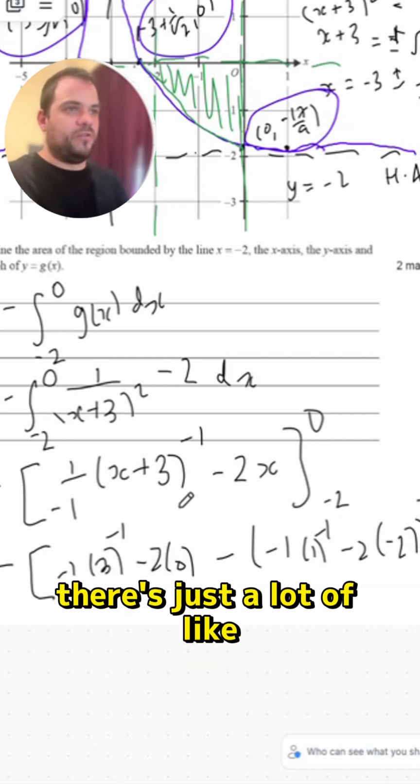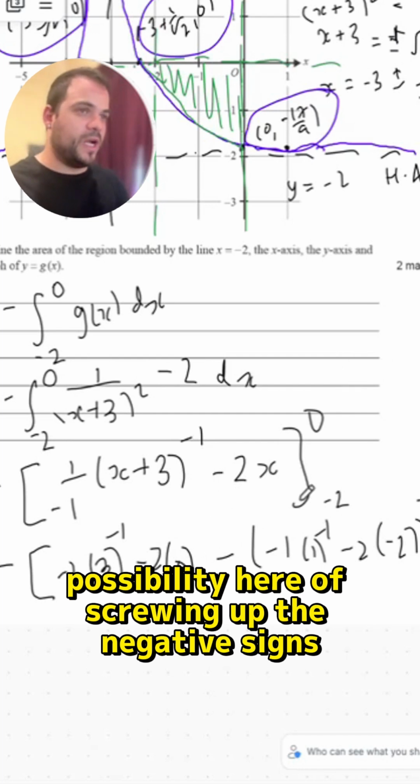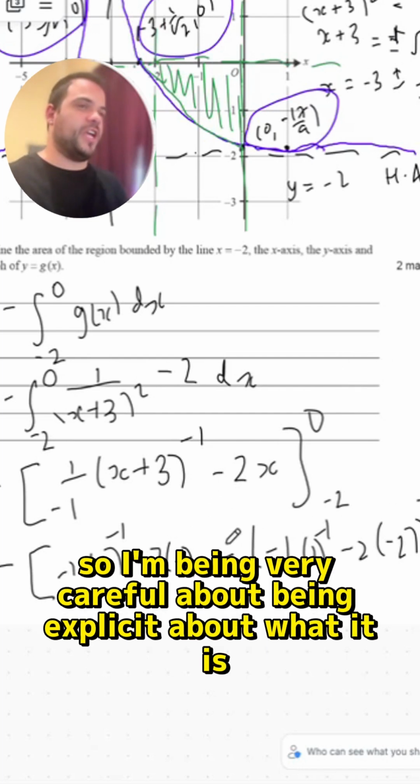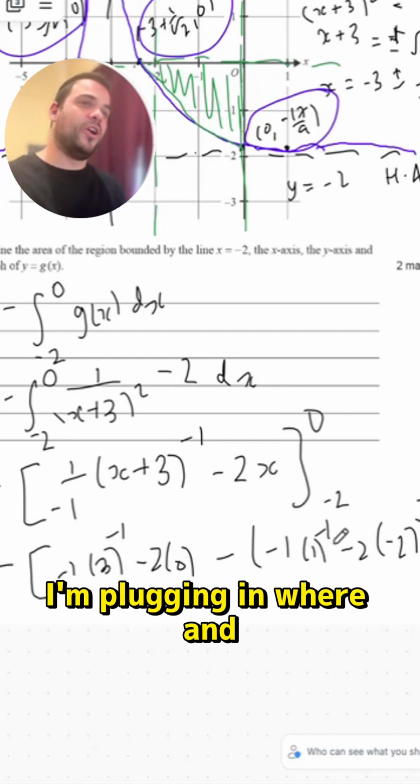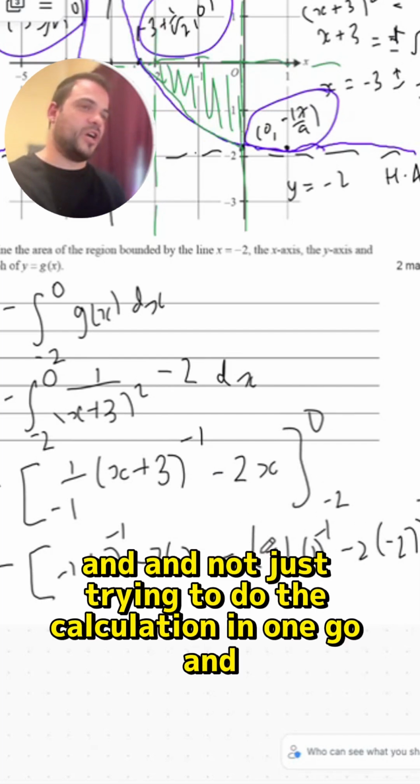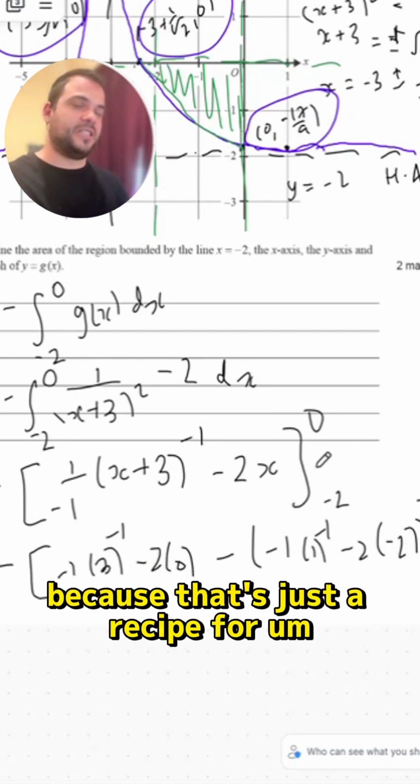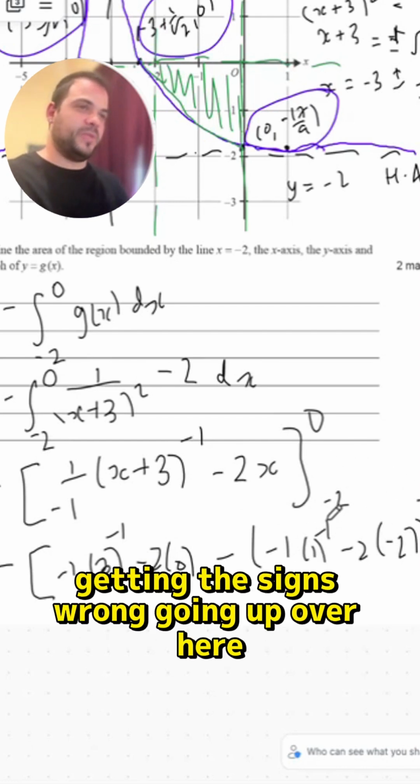There's just a lot of possibility here of screwing up the negative signs. So I'm being very careful about being explicit about what it is I'm plugging in where, and not just trying to do the calculation in one go, because that's just a recipe for getting the signs wrong.